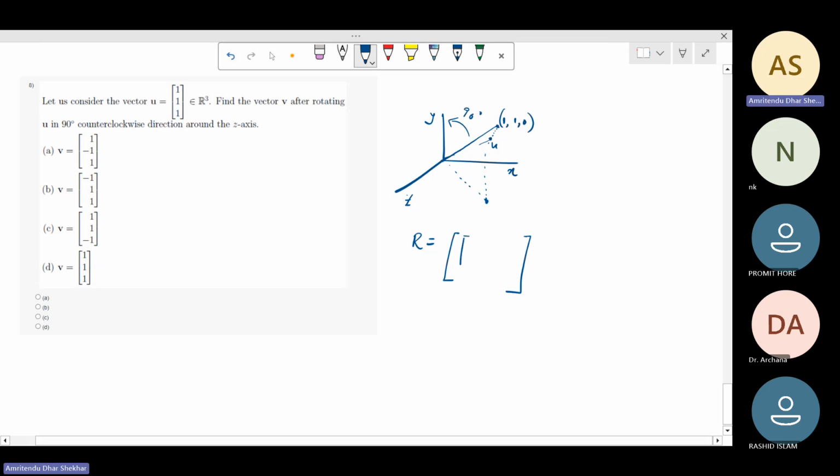This matrix has two blocks. This is a 2 cross 2 block, and this is 1.